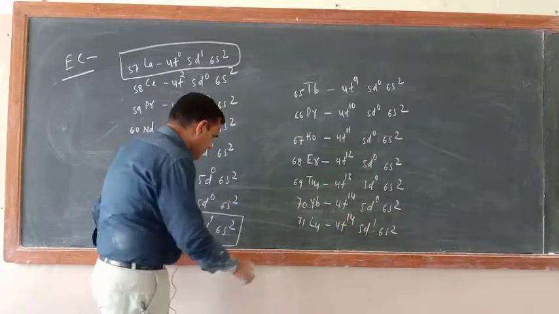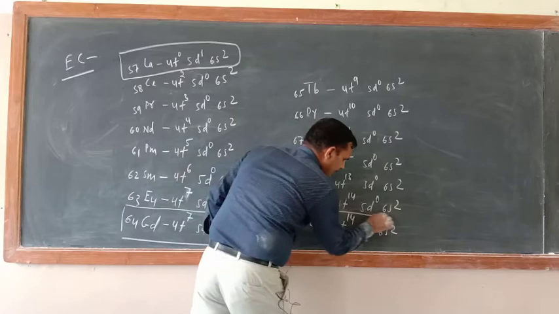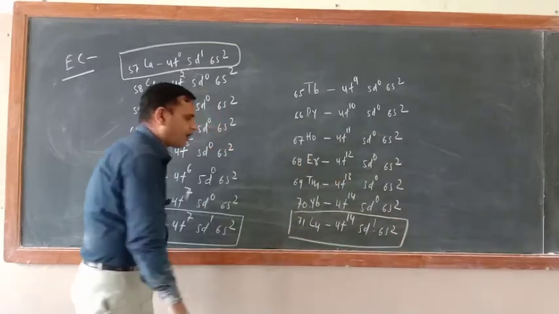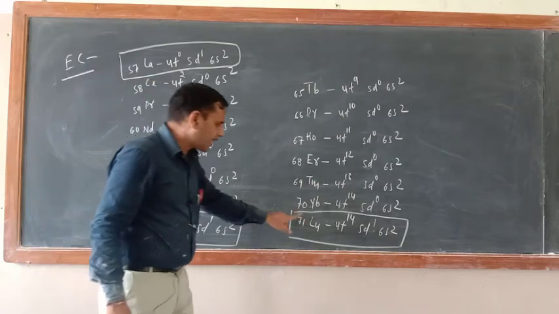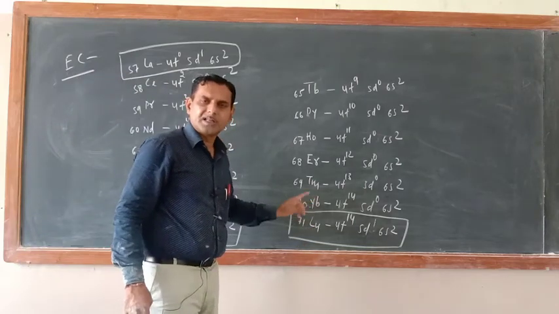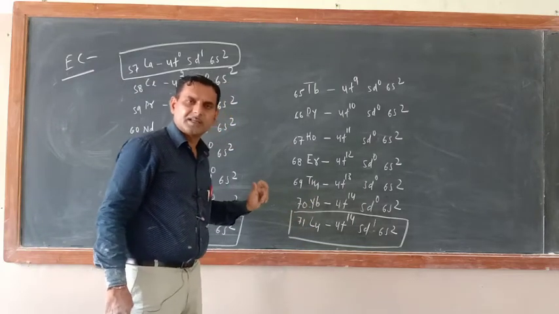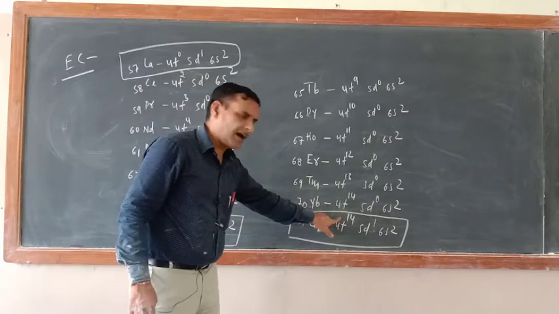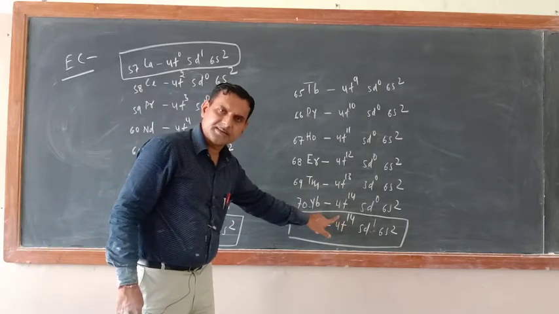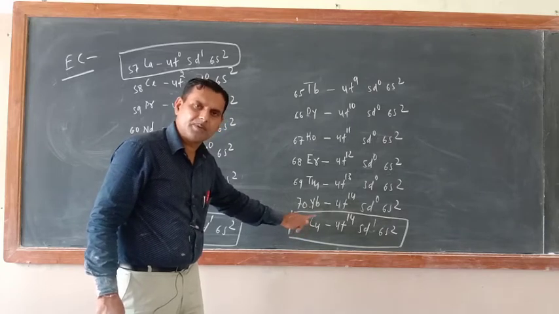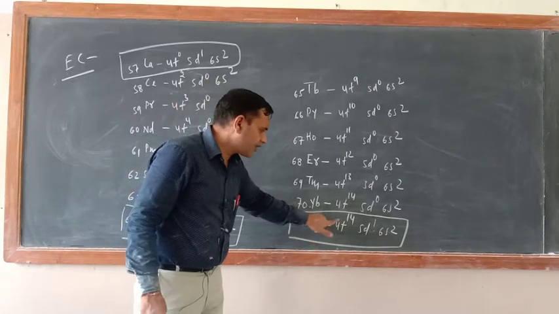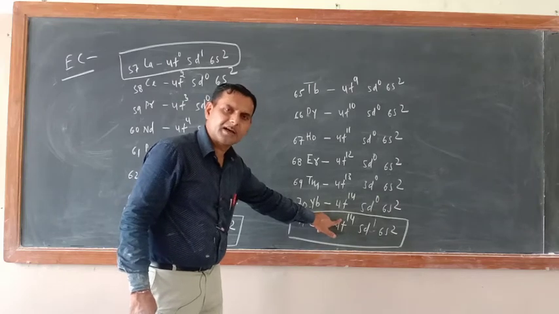So now if you see carefully, there are two elements which have got an electron in the 5d orbital. One is gadolinium and another one is lutetium. What is the reason? If the 5d electron would have shifted here, the symmetry of the orbital would have been disturbed, the stability of the orbital would have been disturbed, because lutetium has already got 14 electrons, fully filled.